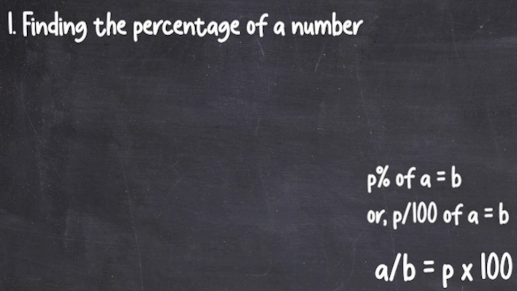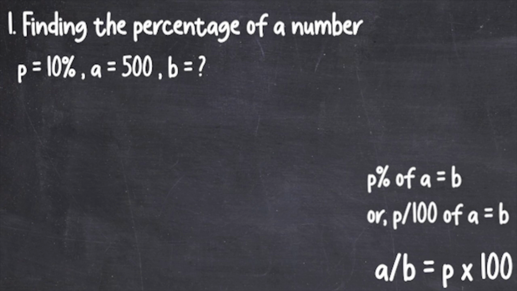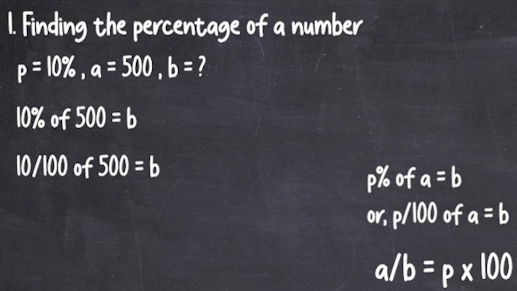Let's try to find 10% of 500. In that case, P percent equals 10%, A equals 500, and B is the unknown that we are going to solve for. Plugging in A and P in the formula gives us 10% of 500 equals B. Now, 10% is equal to 10 over 100, or 0.1, and the word of means we are going to multiply.